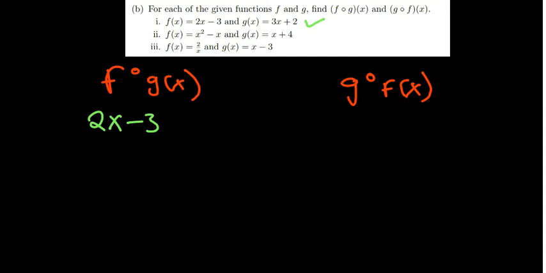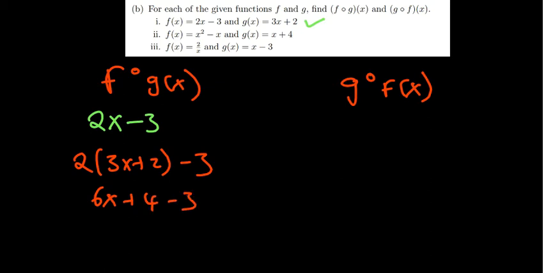Now what that means, if we say f of g of x, it means where there is x now, you are putting g of x. So our g of x in that case is 3x plus 2 minus 3. So we have 6x plus 4 minus 3, 6x plus 1. That's our result. Now for g of f of x, it means the function we're considering is g of x, which is 3x plus 2.